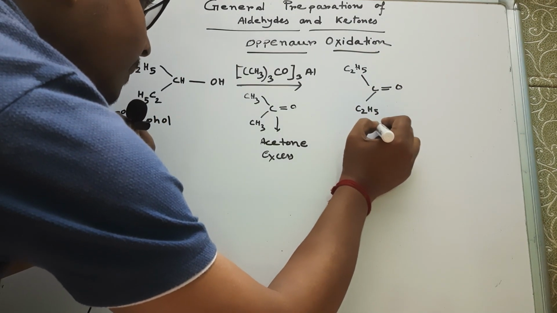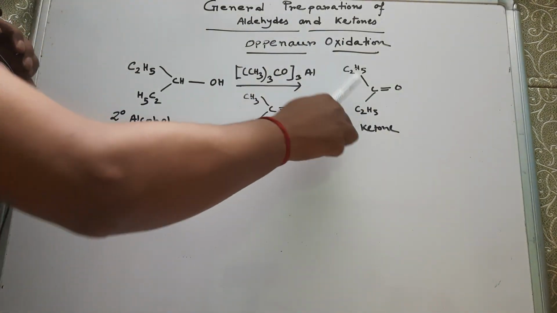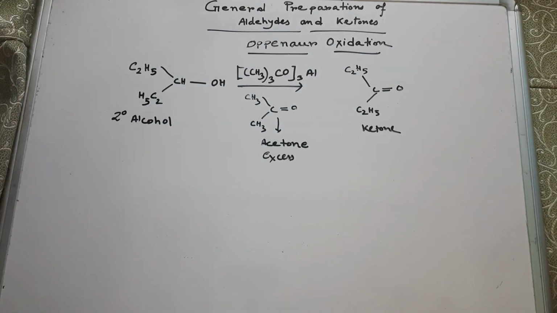So this 2-degree alcohol becomes ketone, and the acetone used as the solvent becomes isopropyl alcohol.